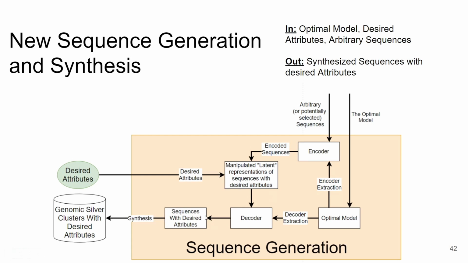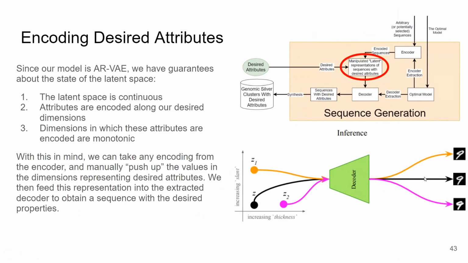The decoder will output those sequences, and then in the end, we synthesize them, and that's basically it. Ideally, with this model, we have reconstructed DNA sequences with our desired properties that, when synthesized, will create genomic silver clusters that are in the near-IR spectrum.